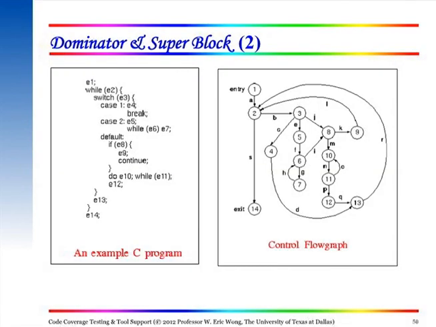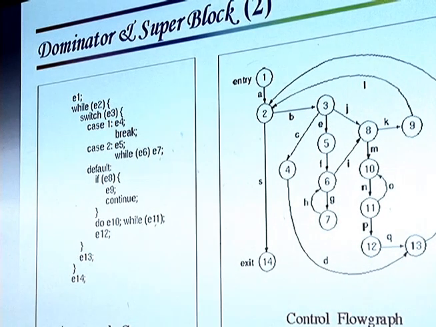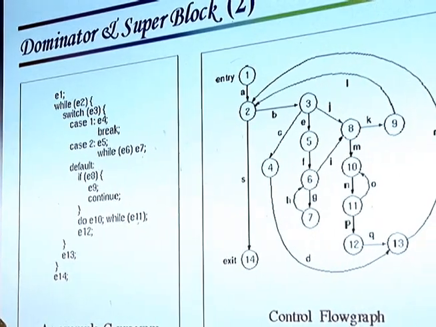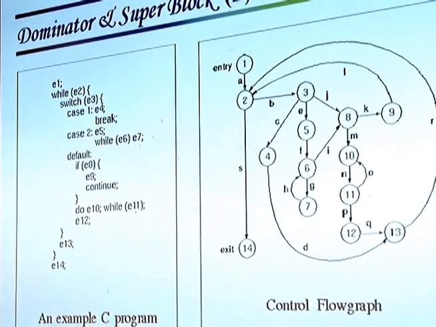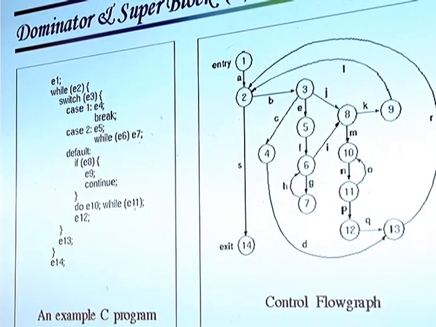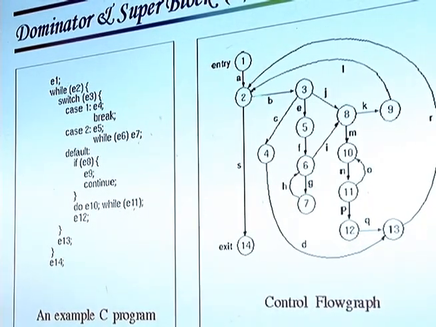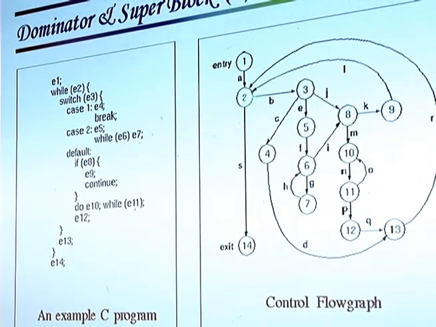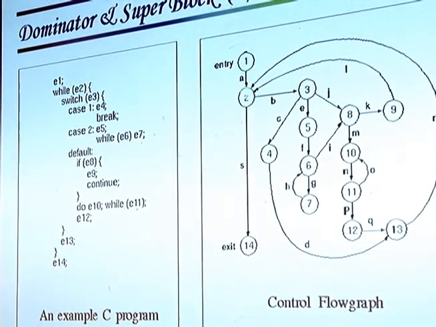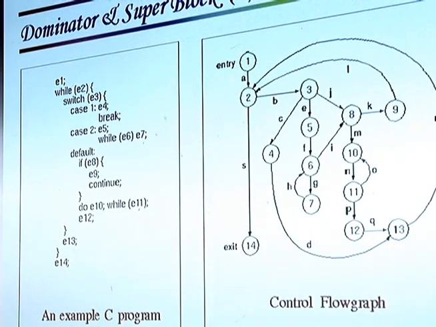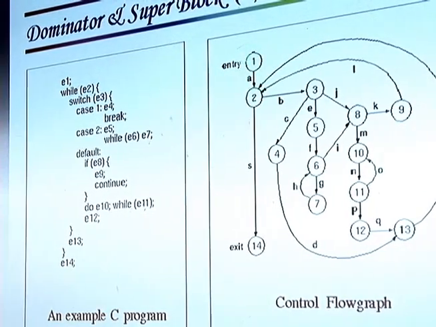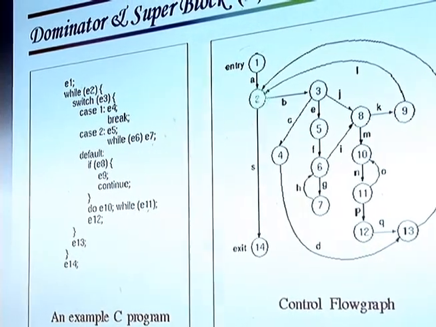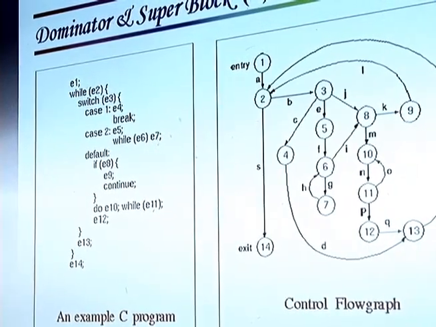Let's look at one example. Look at this chunk of code. And the right part is the control flow graph. Let's refer to this piece of code. Execution cannot go to 2 without going through 1. Right? Every time execution goes to 2, it has to go through 1. So 1 predominates 2, right?